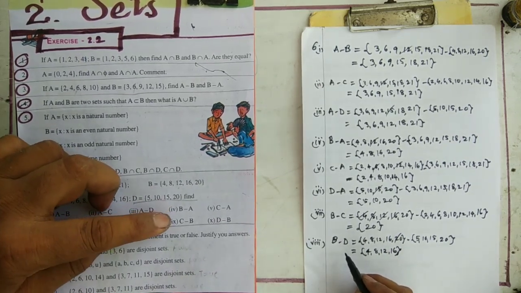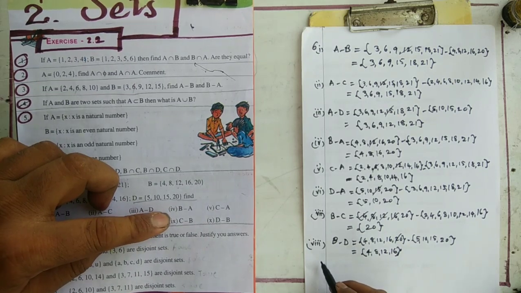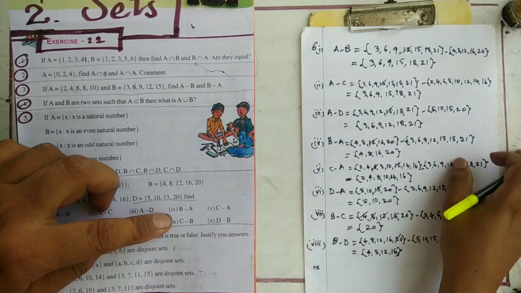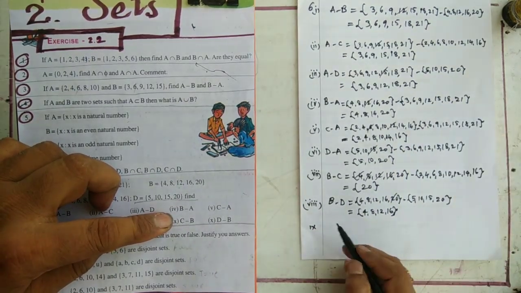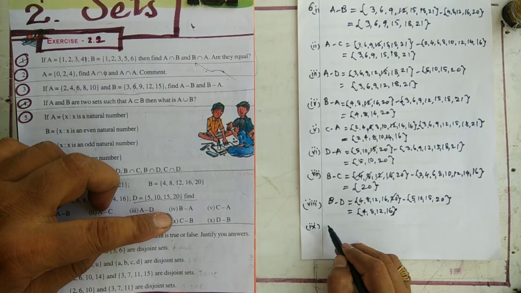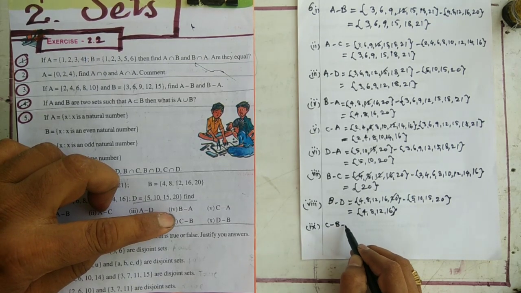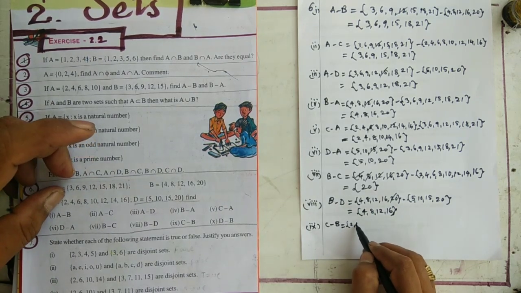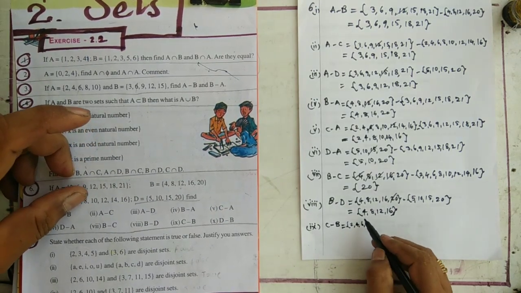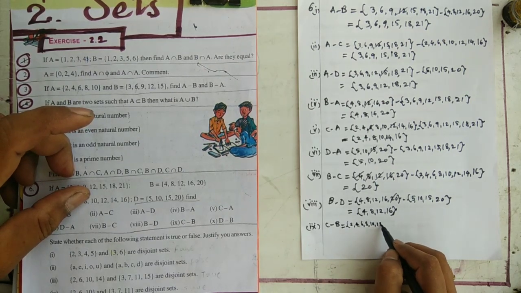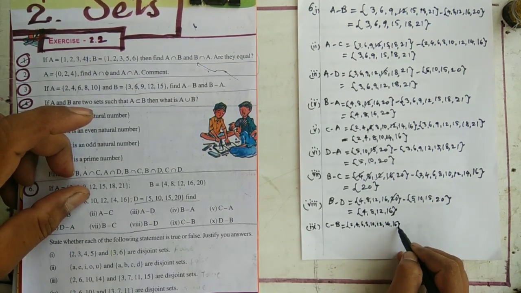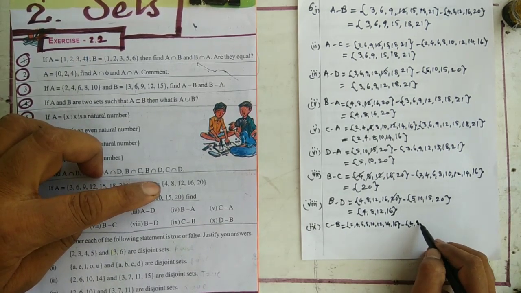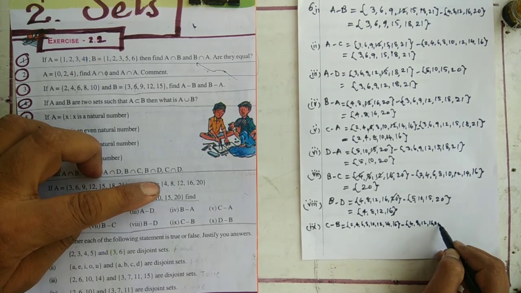Next, ninth one, C minus B. C is 2, 4, 6, 8, 10, 12, 14, 16. B is 4, 8, 12, 16, 20.